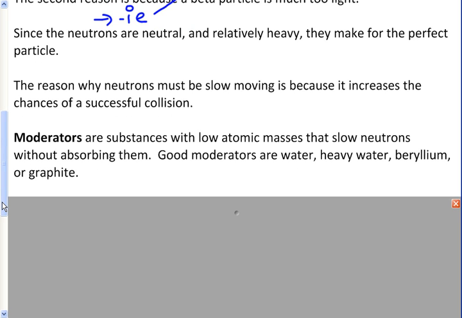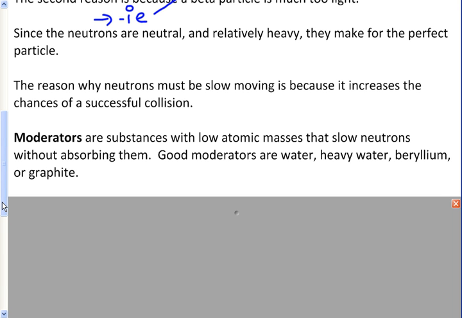Now, a lot of times neutrons are moving too fast for fission to occur. So we bring in things called moderators. Moderators are basically substances with low atomic masses that slow neutrons without absorbing them. For example, good moderators are things like water.